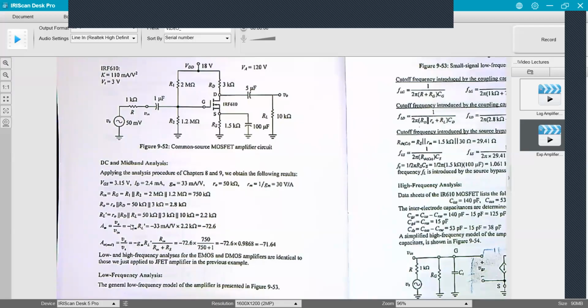And so remember, GM is a little over, one over, in this case, it's not RE, it's called RM. My transconductance times my resistance seen looking out of this terminal here, including the RO that's in here, gives me a gain of about minus 73.